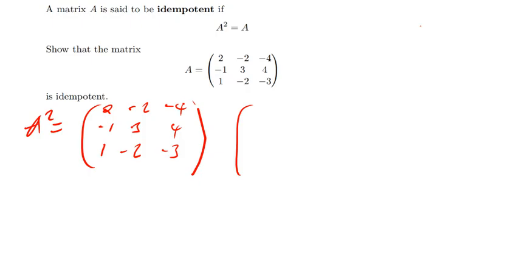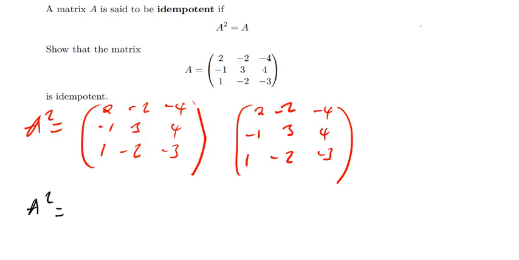So we have the matrix again. We'll say A squared will be equal to, so we have row by column. We are multiplying rows by columns.